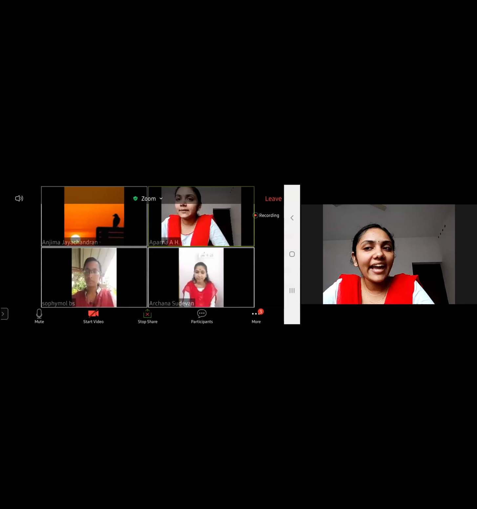This relation is termed as Archimedes' principle, which states that the weight of the water displaced is equal to the buoyant force. We will discuss this Archimedes principle in our coming sessions. And for today, to sum up today's session, Archana teacher is here with some activities.